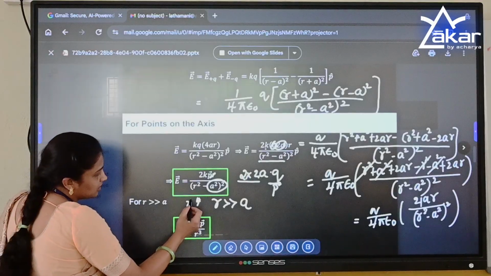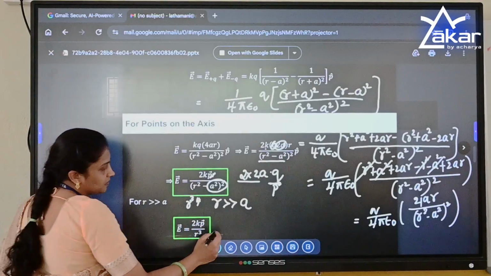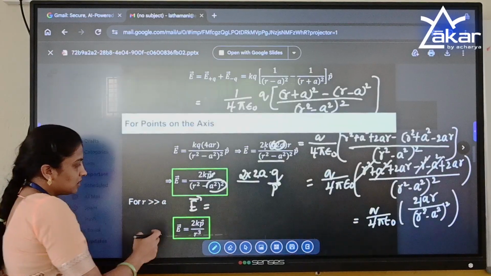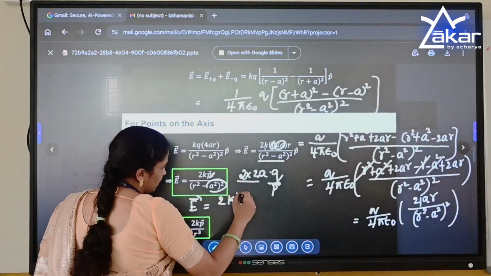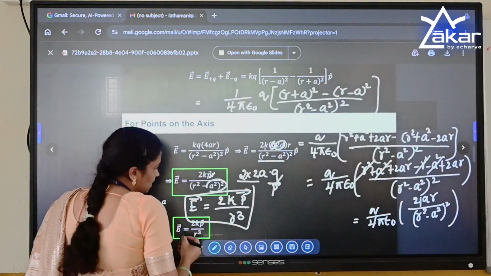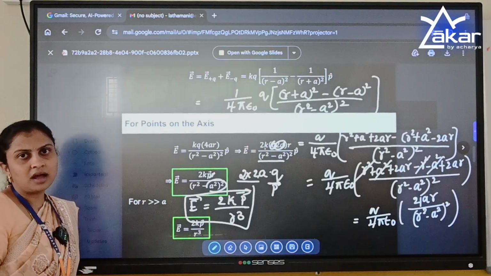What is the remaining? This becomes r cube. So the last step is 2k p vector divided by r cube. So the final expression is E vector is equal to 2k p vector divided by r cube.